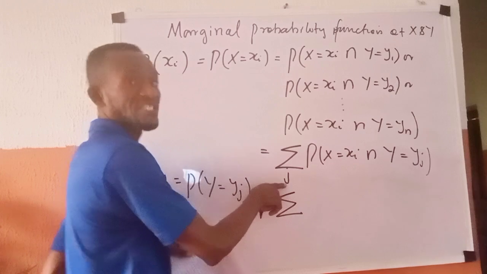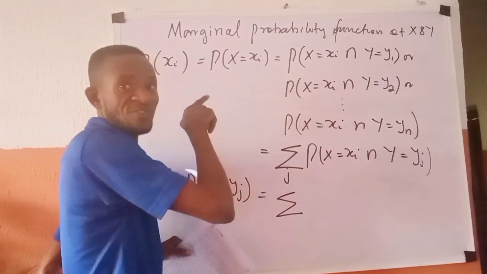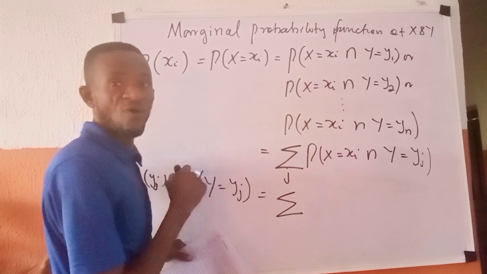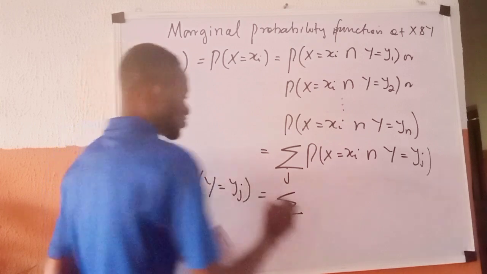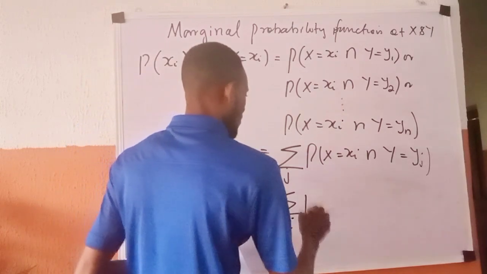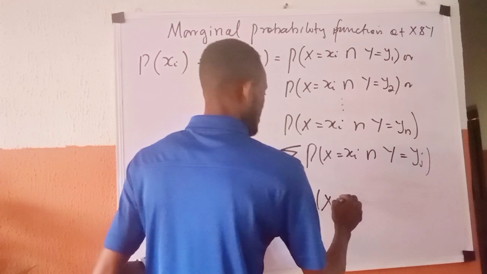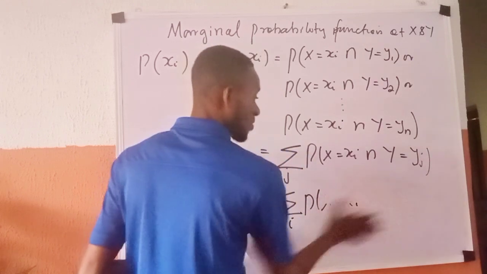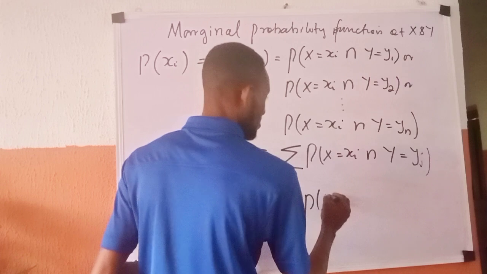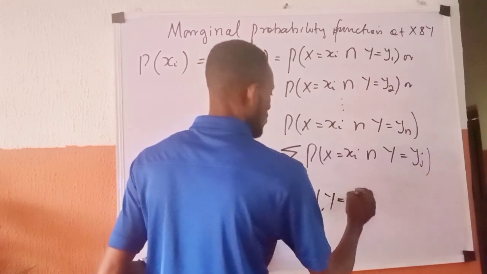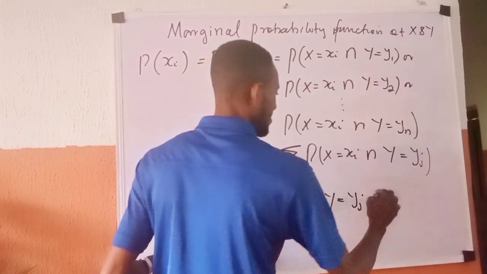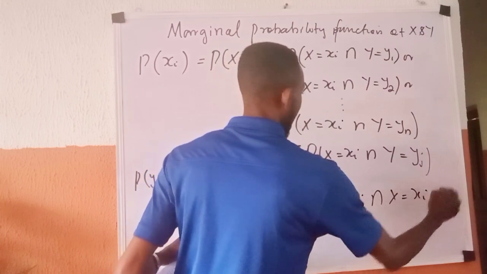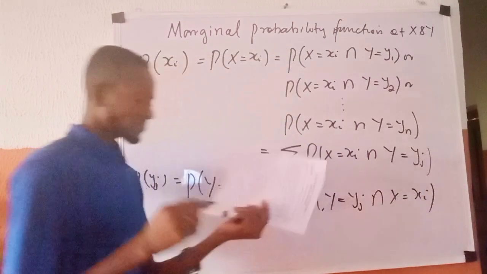We summed over j when we were talking about x, so we are going to sum over i when we are talking about y. So we sum over i of P of X equals x_i. Or permit me to write it this way, which of course you know is the same thing: Y equals y_j intersection X equals x_i. We close it.